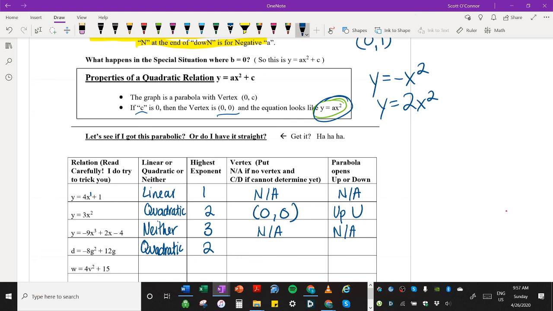You've learned how to find a vertex if b is equal to 0, or if b and c are equal to 0, but not if b or c are not 0. Okay, so in this case we'll put CD because we can't determine yet. Can we figure out if it goes up or down? Well, a is negative, therefore it goes down.